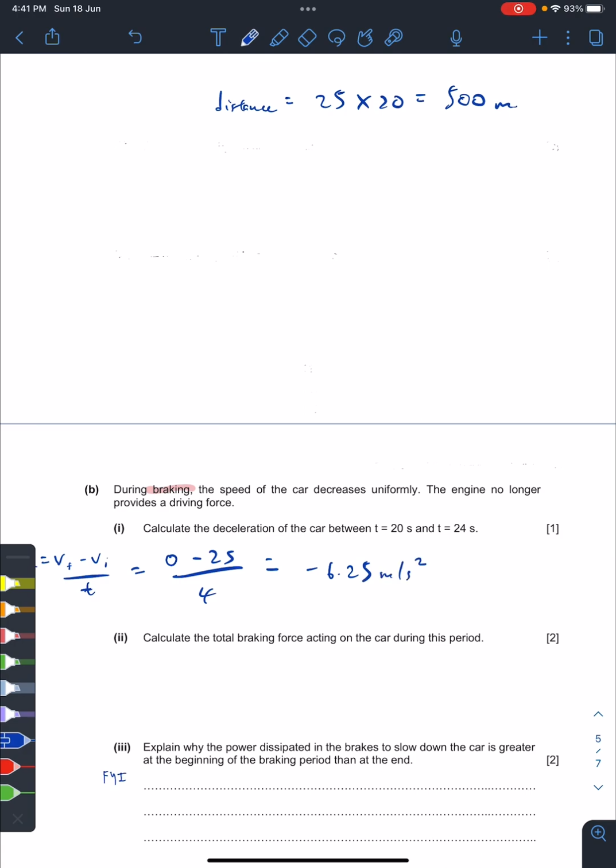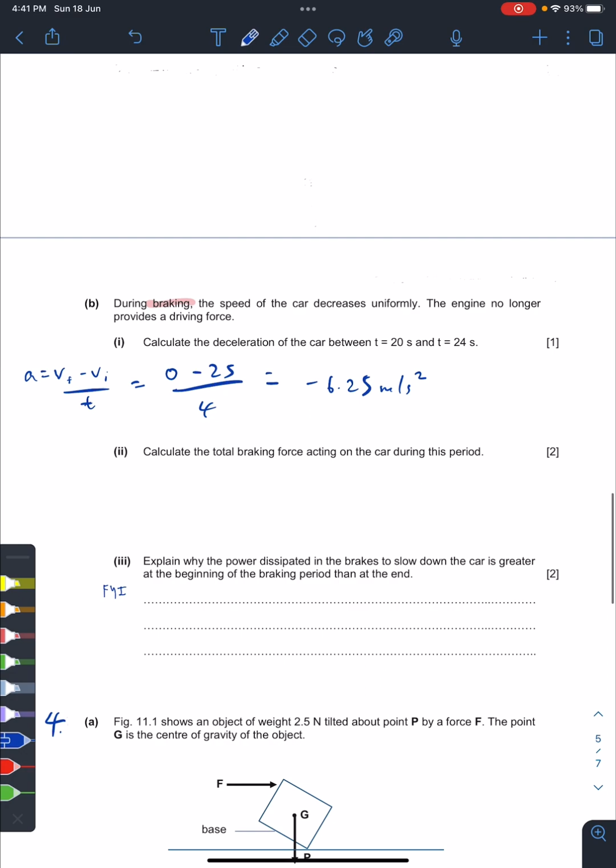So you have a negative acceleration. So don't be tricked. Deceleration, so your acceleration is negative, which means your deceleration. Can you remove that sign? 6.3 meter per second square to 2 s.f.